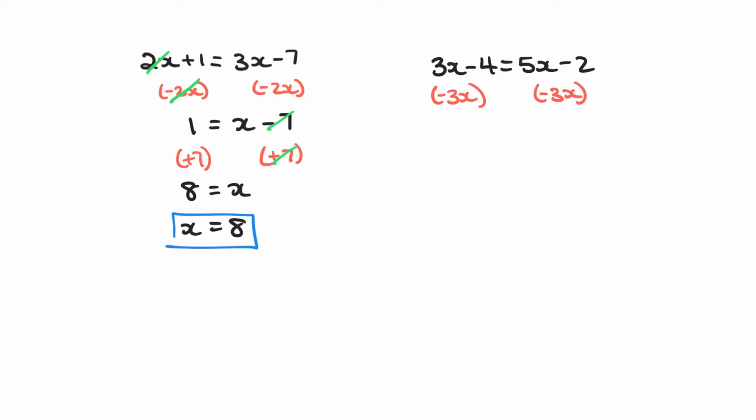So on the left-hand side, that's going to cancel. Now that will leave us with not 4, but a minus 4. We have to keep that sign attached to it. 5x minus 3x, well, that will leave us with 2x then, and minus 2. So we will continue like we did our two-step equations last lesson, and we will add 2 to both sides.